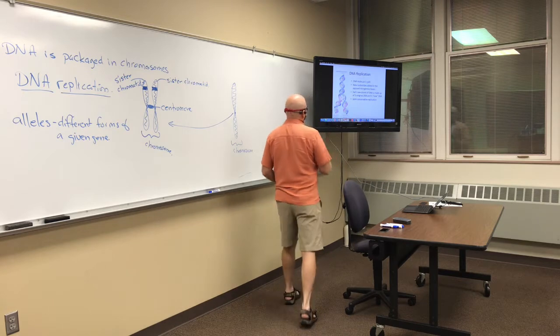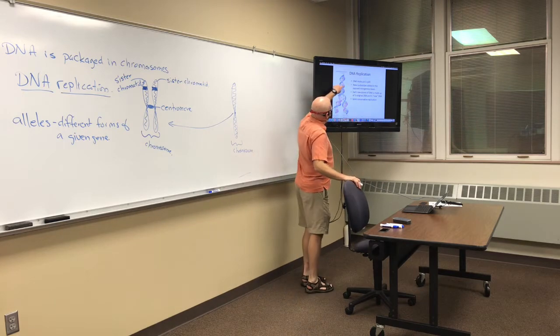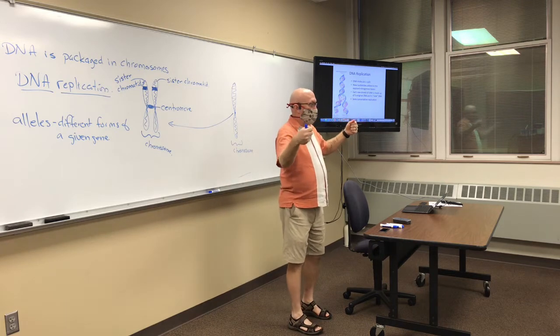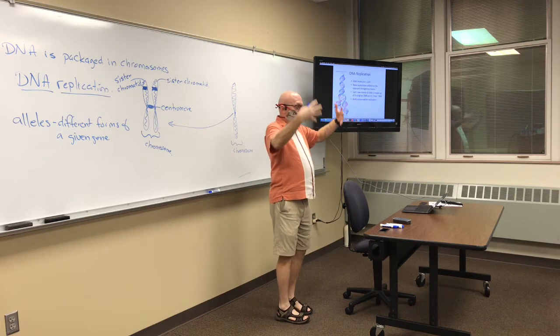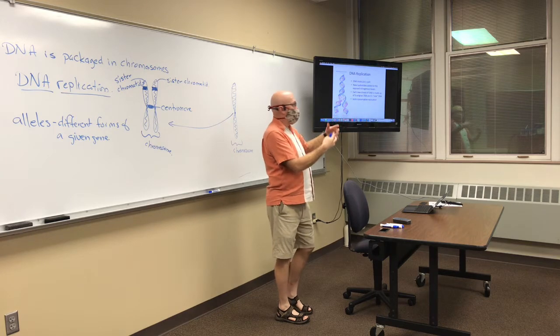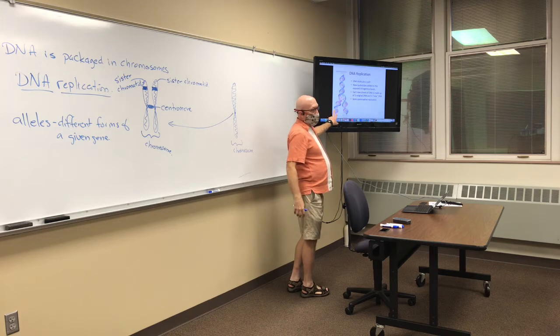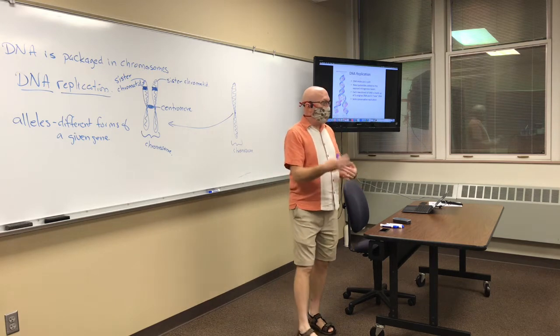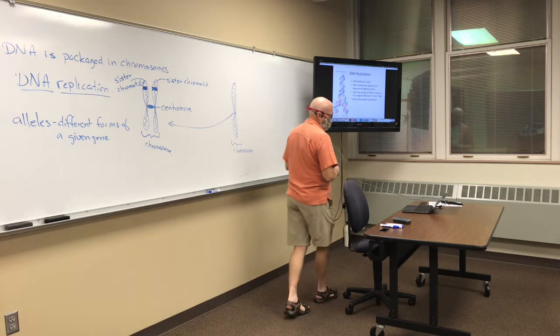So what you basically do is you take an old strand of DNA, which is this blue one, and split it off from the other old strand of DNA. You take this two-stranded DNA and break it into two single strands, and then you use the exposed nitrogenous bases to add new nucleotides to create a new strand of DNA. And now you have two double strands of DNA where you had only one at the beginning.